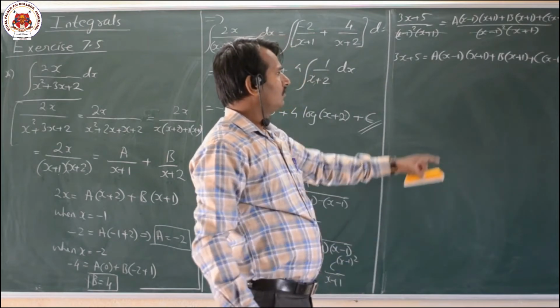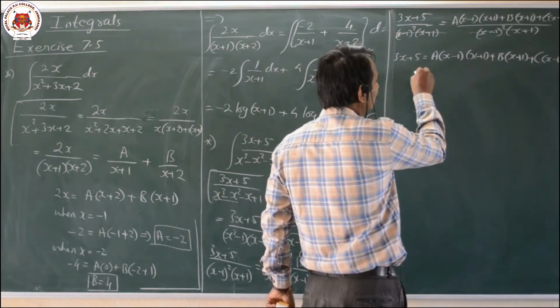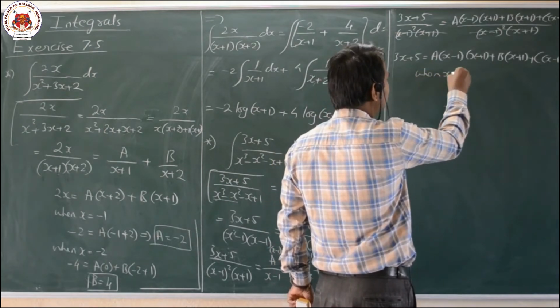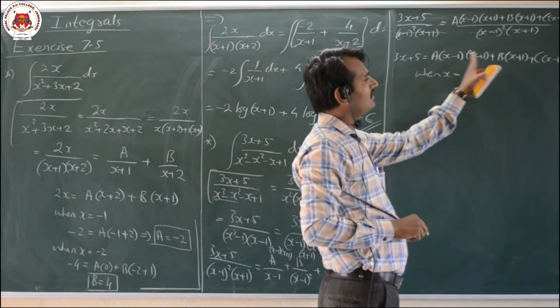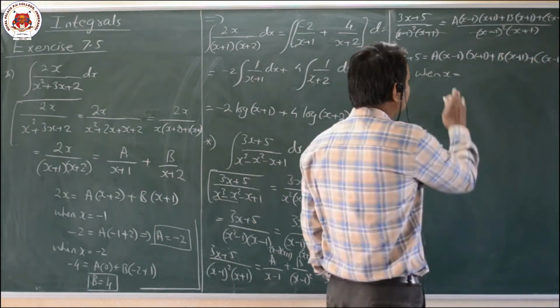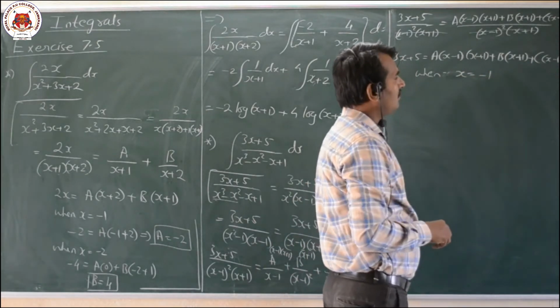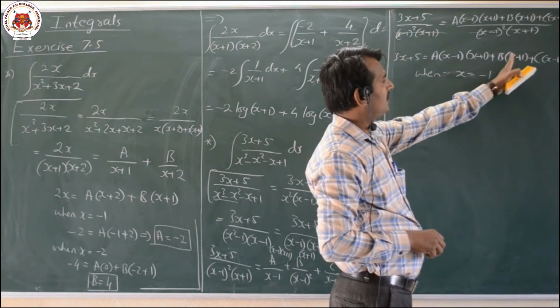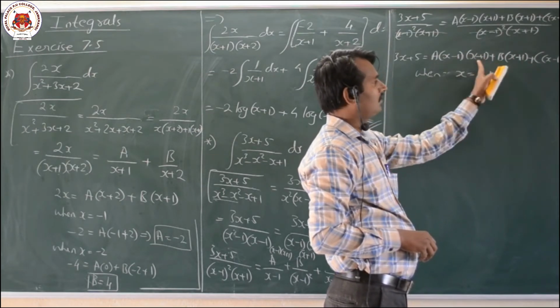Now what we have to put for x: at what value of x does a become 0 or b become 0 here? We can observe that when x equals −1, if I put x = −1, then −1 + 1 becomes 0, and here also −1 + 1 becomes 0, the whole term becomes 0.